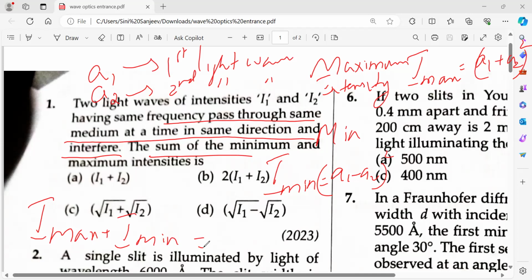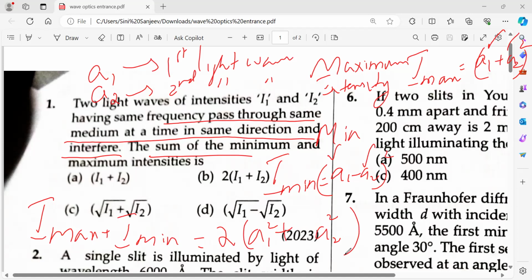If I expand this, it will be A1 square plus A2 square plus 2A1A2, and A1 square plus A2 square minus 2A1A2. So what is getting cancelled? 2A1A2 is getting cancelled. So I can take 2 outside and directly write 2 into A1 square plus A2 square.